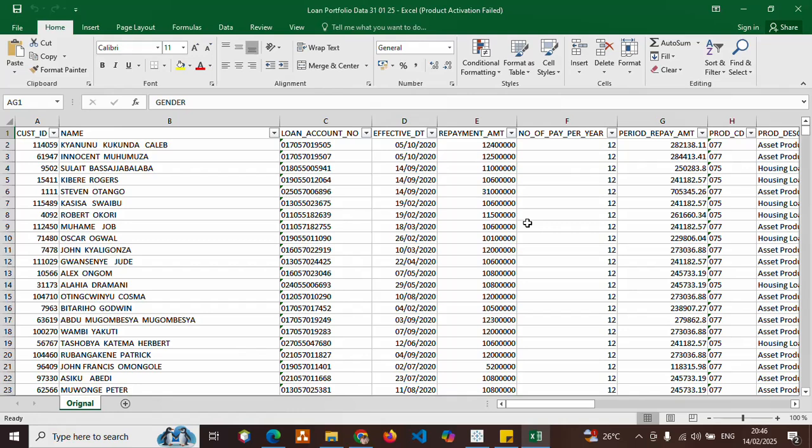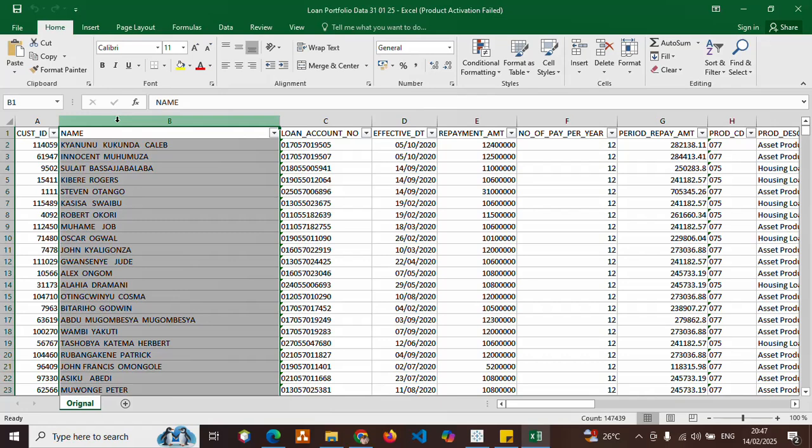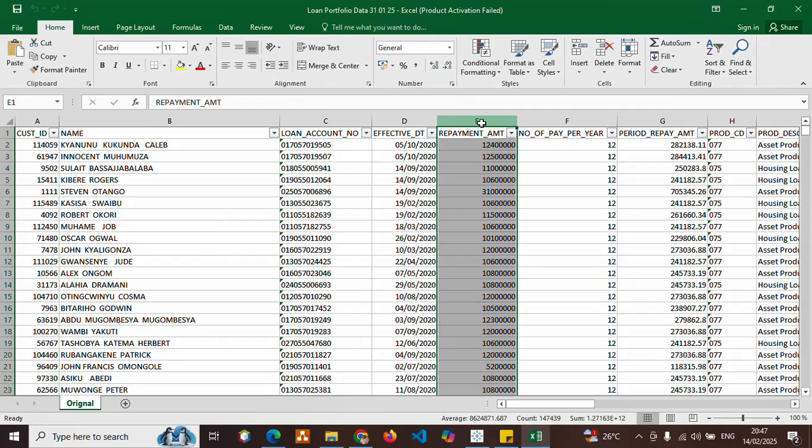This data is extracted into Excel, which gives us the tabular format, and when you look at this Excel, there are so many loans that were disbursed by this bank, totaling to over 147,000, totaling to an amount which is around 1.27 trillion as loans in disbursement.